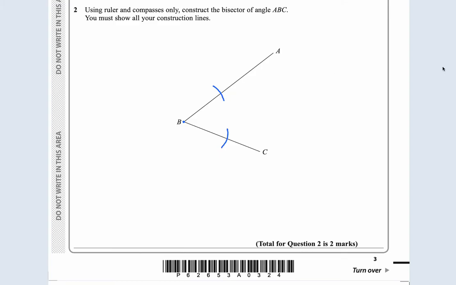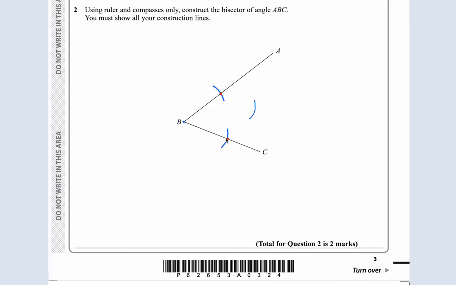And then once you have these 2 points, where this arc touches this line becomes your new pointy bit, if you like. So you put the pointy bit here, keep the set of compasses the same size, and you're going to draw another circle from here, and it'll be something like that.